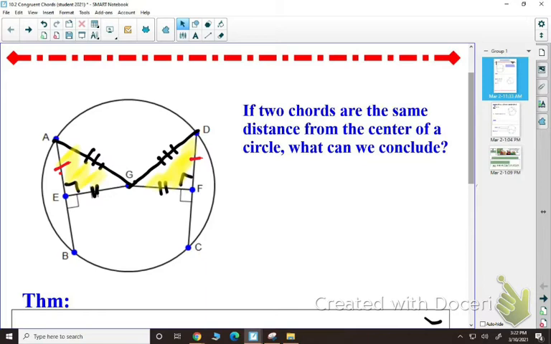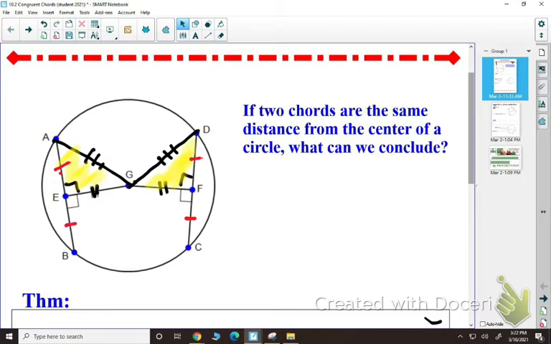If we think about yesterday's lesson, if a segment that goes to the center is perpendicular to the chord, it bisects the chord. So we know that DF and CF are congruent, as well as AE and BE.